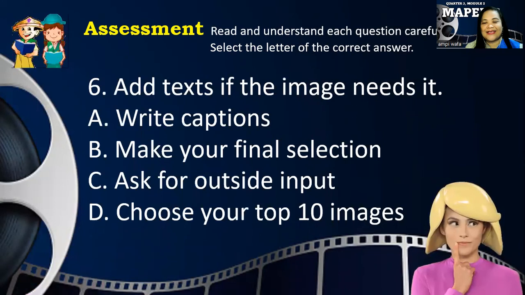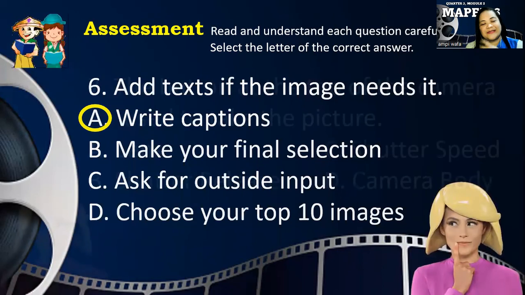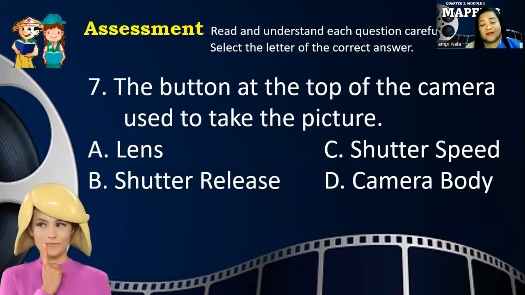Add text if the image needs it. A. Write caption. B. Make your final selection. C. Ask for outside input. Or D. Choose your top 10 images. Yes, you are right. It's letter A. Write captions.